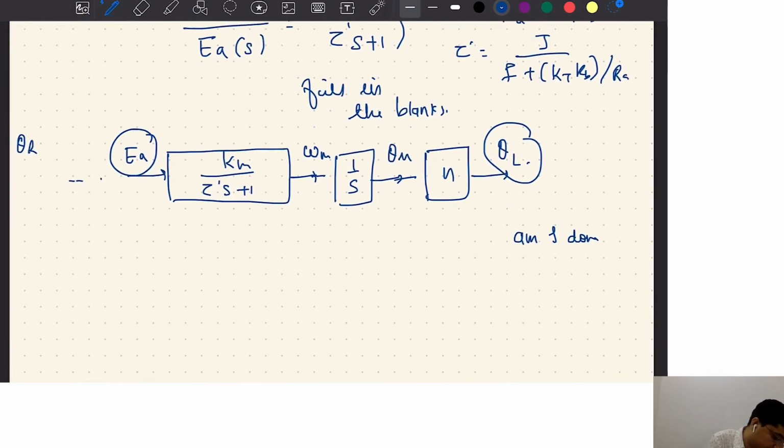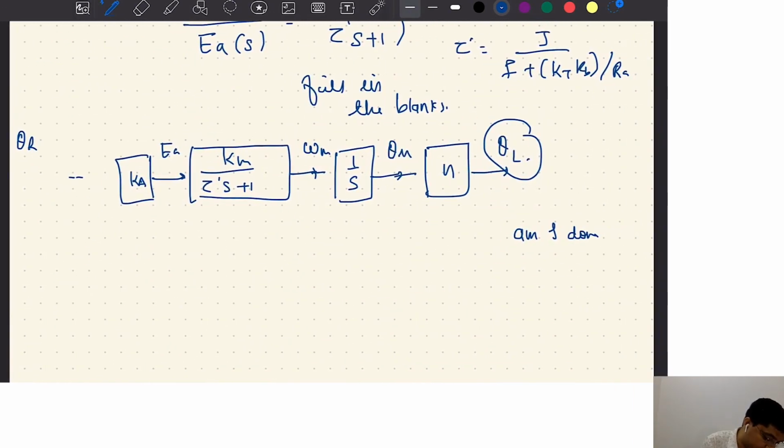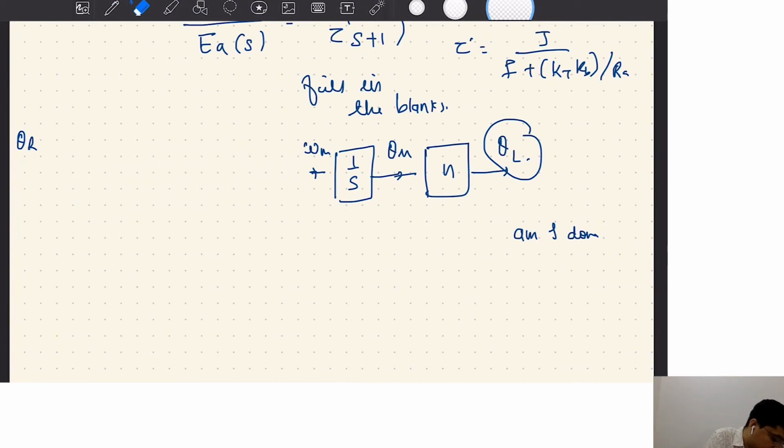Okay, I'll make a little space. This is my EA. This EA is preceded by Ka, and this box will be Km by tau s plus 1.